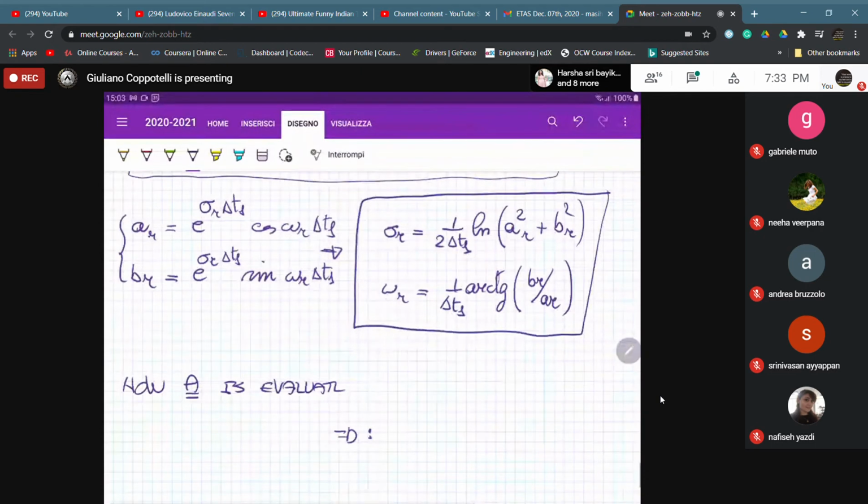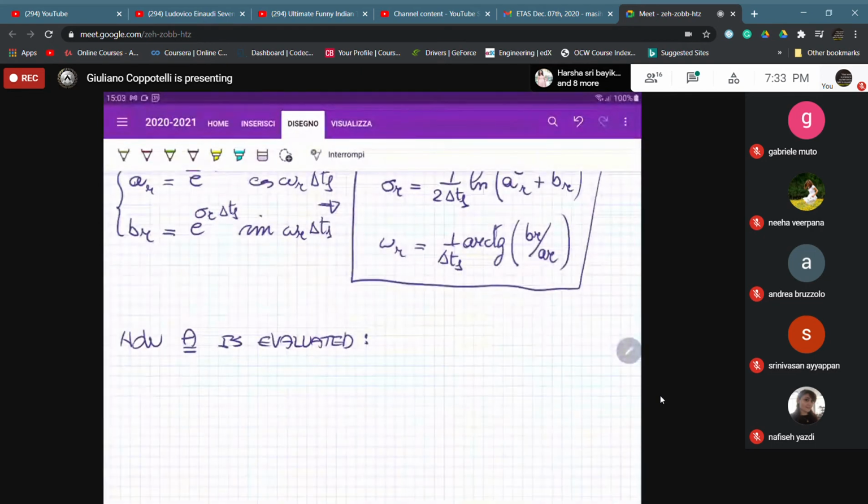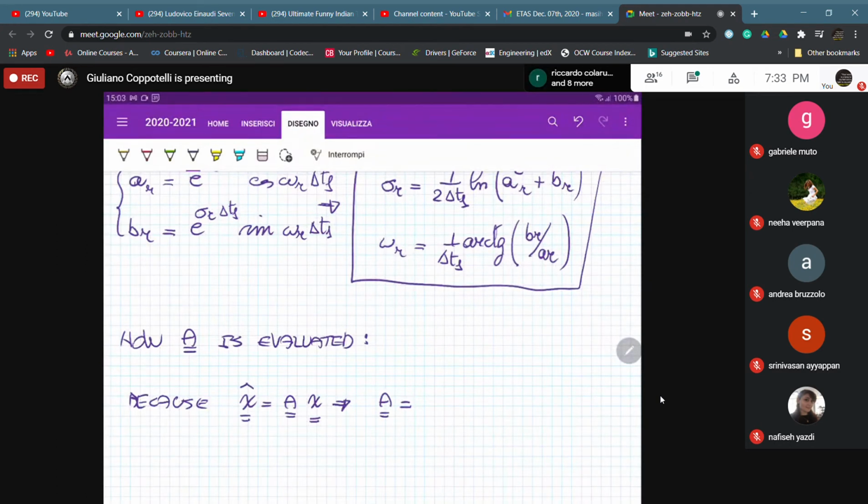That comes straight from the information that, because we got that the hot chi matrix is equal to A times the chi matrix, your state transition matrix is given by your hot chi matrix times your chi matrix to the negative 1.